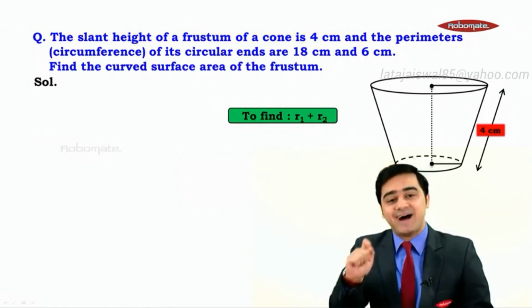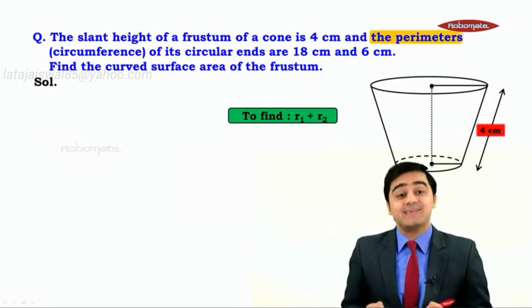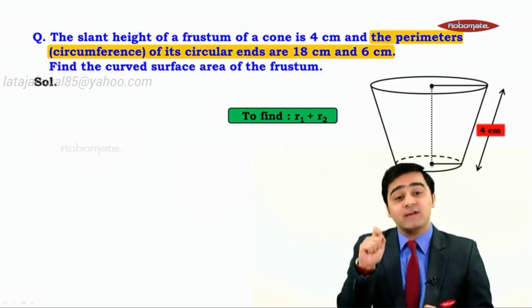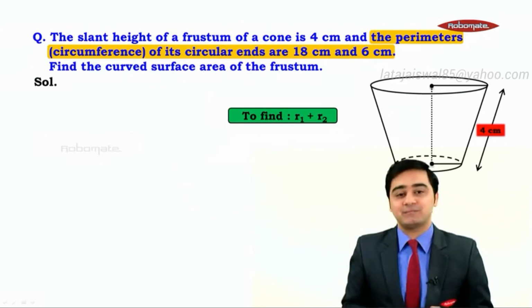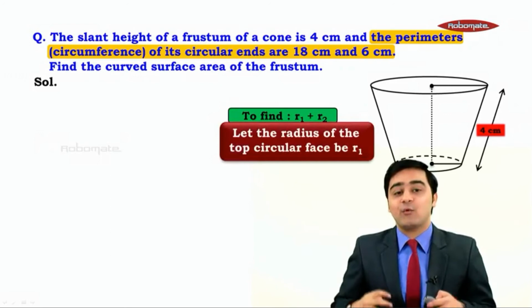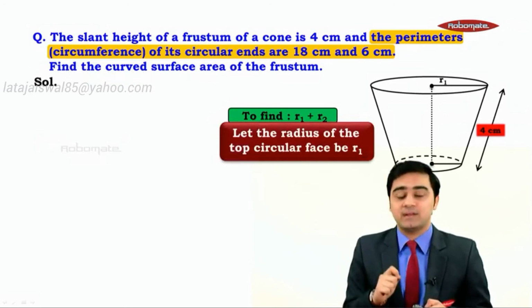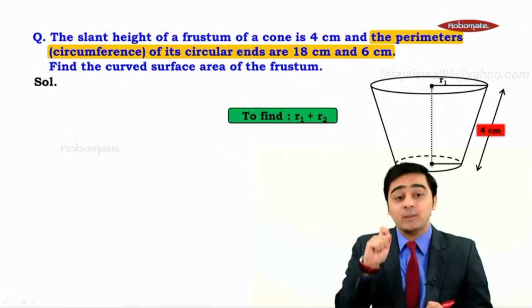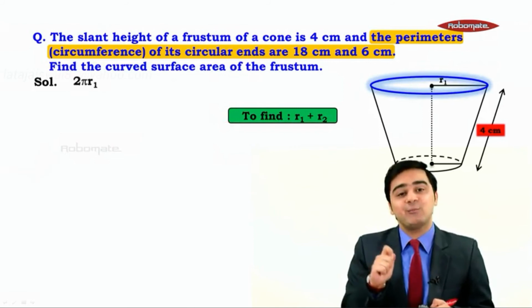So now let us find R1 plus R2 with the help of the given information. It says that perimeters of its circular ends are 18 centimeter and 6 centimeter. Let us first assume that the radius of the top circular face of the frustum of the cone is R1. If this is so, my dear students, what will be the circumference of the top circular face? Yes, it is 2 pi r1.